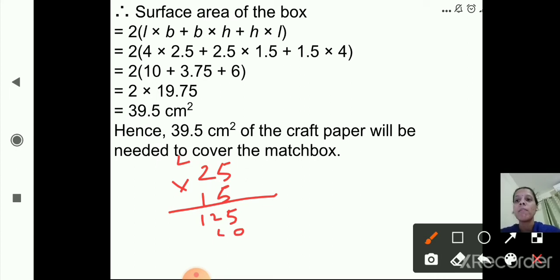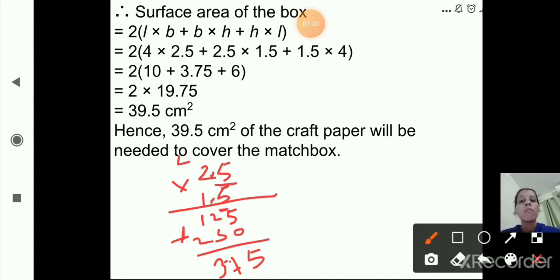Here it is 5, then 5, 6, 7 and 2 plus 1, that is 3. Now we'll put the decimal point. Here it is 2.5, here it is 1.5, so after decimal point here it is 1 digit, here it is 1 digit, so 1 plus 1, 2 digits. From right hand side 1, 2, so here put the decimal point, that is 3.75. As you can see here, this is 3.75.